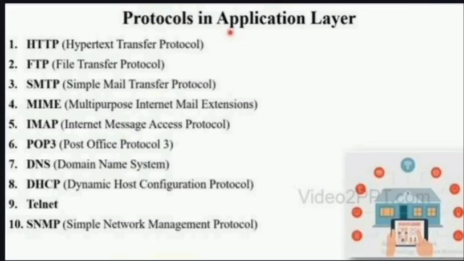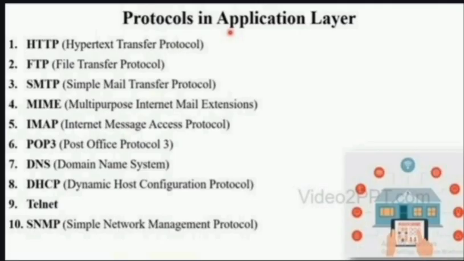Protocols in the application layer. The application layer relies on a variety of protocols to manage specific services. Here are 10 of the most common and critical ones. Firstly, HTTP, HyperText Transfer Protocol, and FTP, File Transfer Protocol. These are used for web and file transfer. Thirdly, SMTP, Simple Mail Transfer Protocol, MIME, Multipurpose Internet Mail Extension, IMAP, Internet Message Access Protocol, and POP3, Post Office Protocol 3.